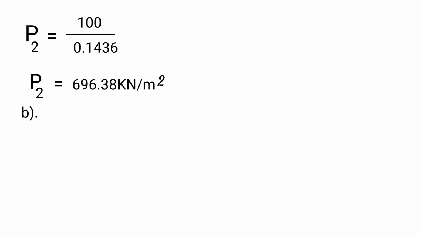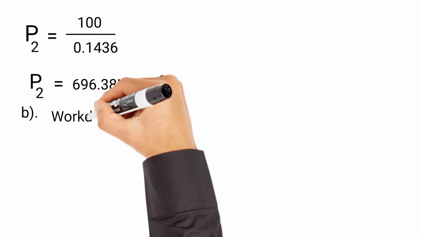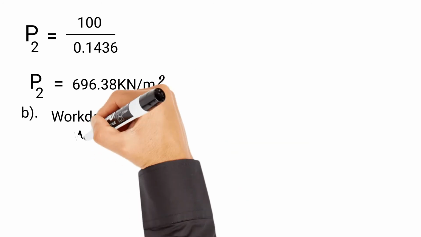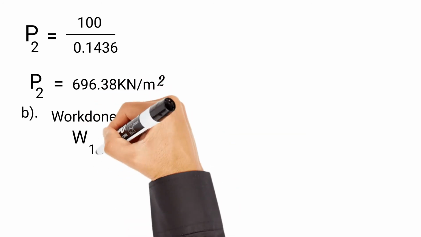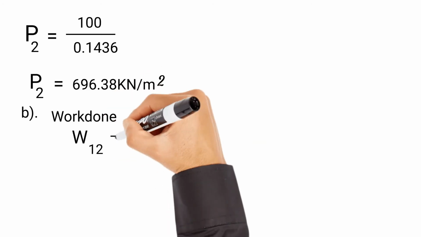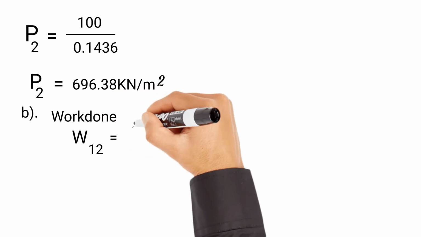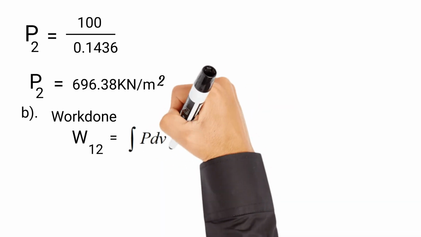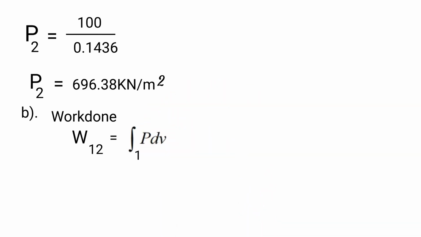B part of the question, work done in the process. To calculate the work done, we use W12 equals integral of P dV from volume 1 to volume 2.